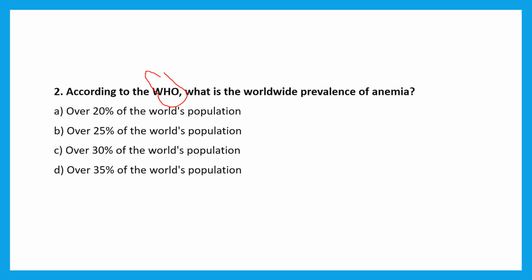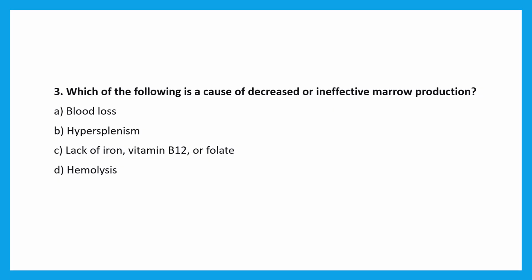Which one did you read about? The answer here is 30%. The global prevalence of anemia is over 30%, which makes anemia one of the major public health issues. All right, question number 3.